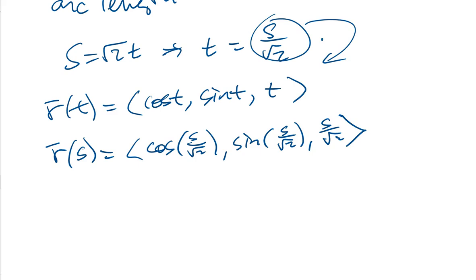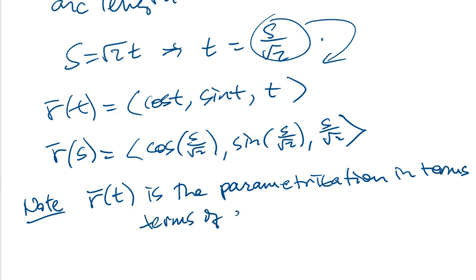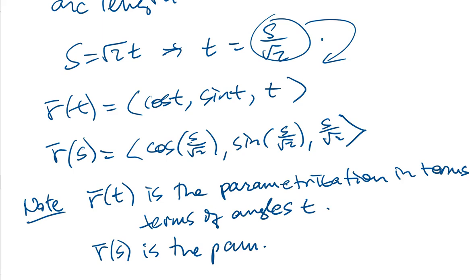So let me write it a different way. Note R of t is the parameterization in terms of angle t, but R of s is the parameterization in terms of arc length s.